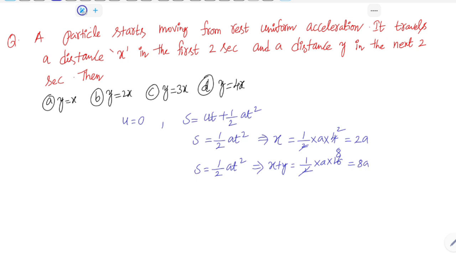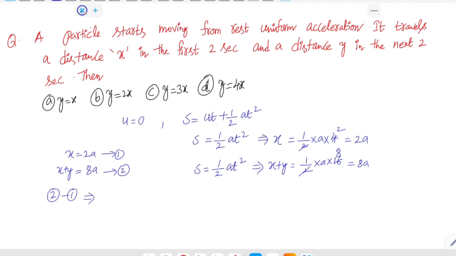We got two equations now. x is equal to 2a and x plus y is equal to 8a. We just want to find the relation between x and y. For that, I am subtracting the first equation from the second equation. So, x plus y minus x is equal to y. 8a minus 2a is 6a.